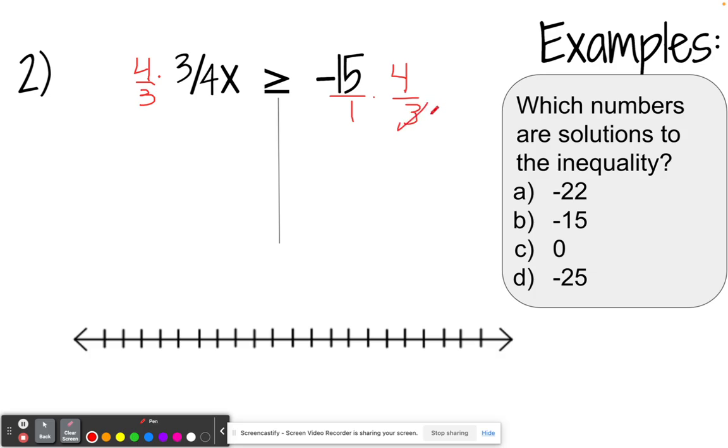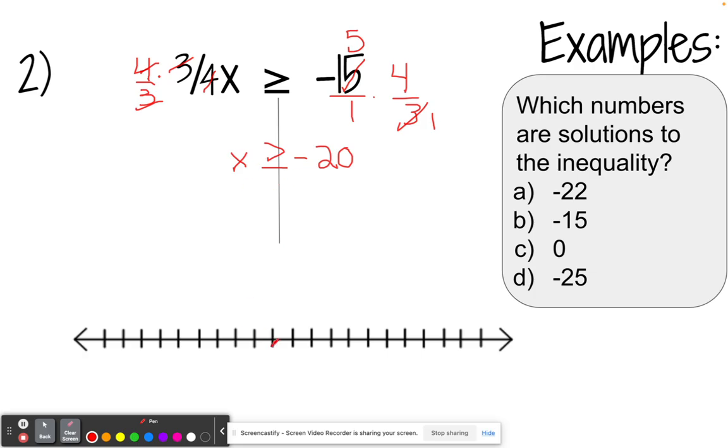This will become a 1. This will become a 5. Negative 5 times positive 4 would be a negative 20. Did my friend have a negative attitude? No, they didn't. So they are not going to flip out when I send them home. So I will be left with x, and my sign will not flip.